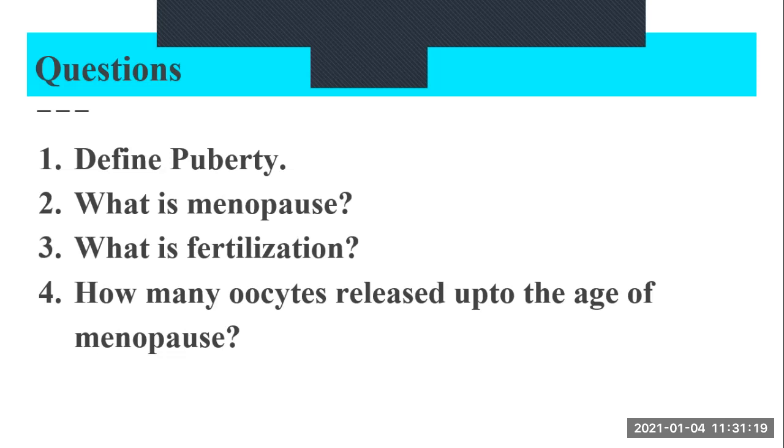Puberty is when a child's body begins to develop and change as they become an adult. Okay, very good. Good attempt. We can see many changes in boys and girls, which we explain in the lecture itself, like growing of hair, deepening of voice, then onset of periods in girls. These are some of the signs. Good attempt. Then, what is menopause?